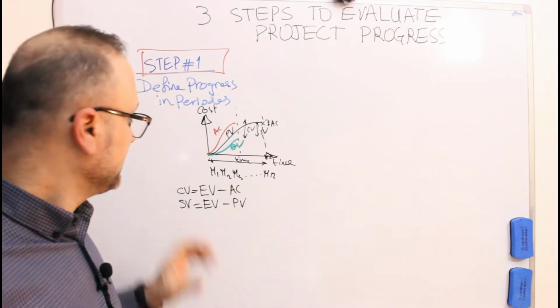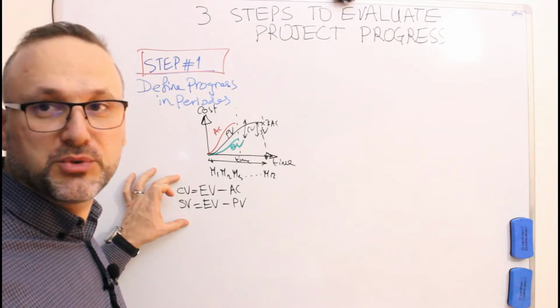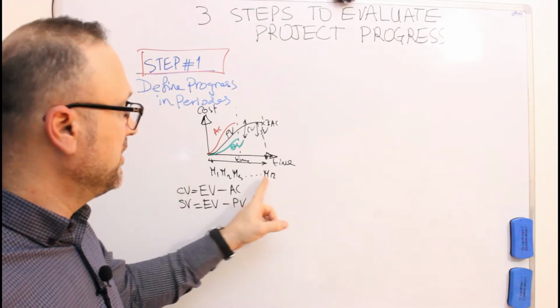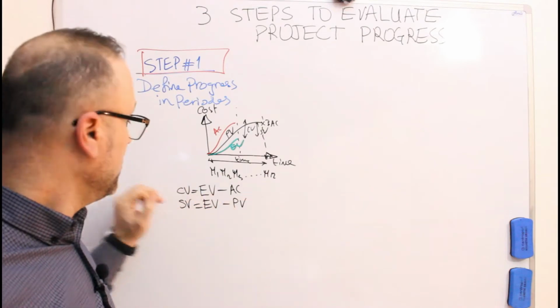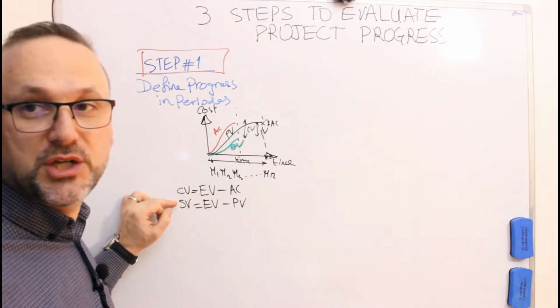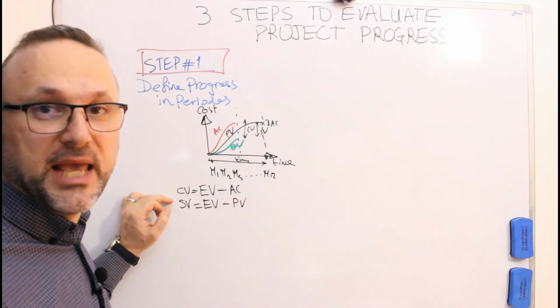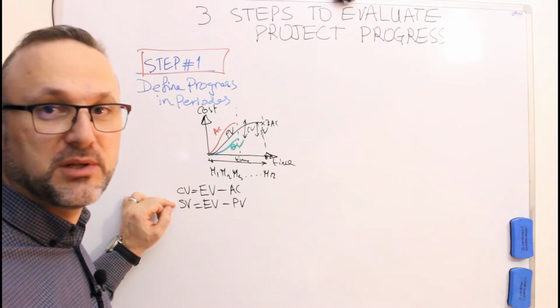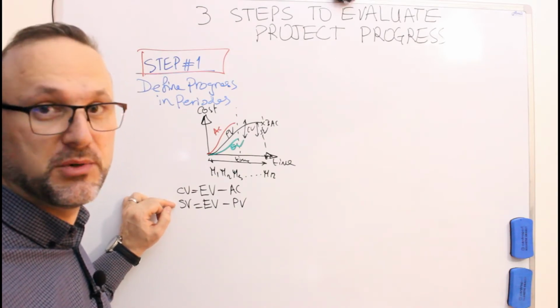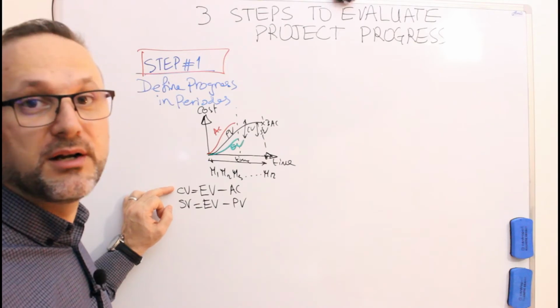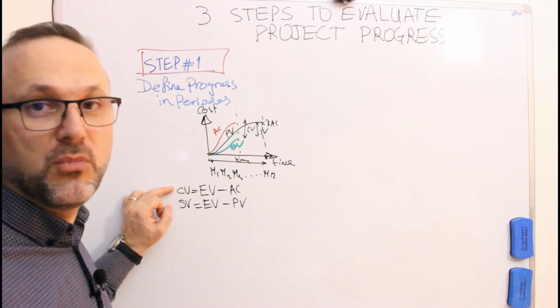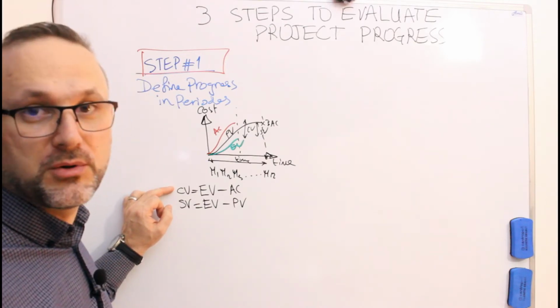Those 2 factors are important for you to measure during your period of time, because cost variance and schedule variance will tell you if you are ahead of schedule, behind schedule, in schedule, or if you are in budget, over cost, or below budget.